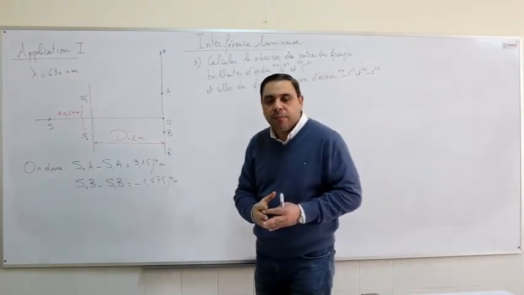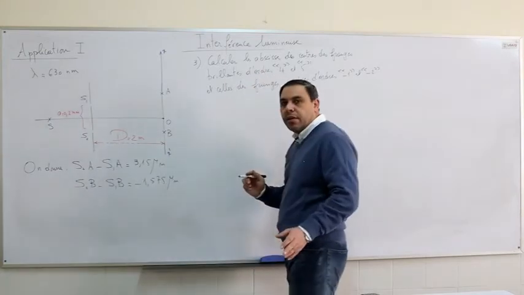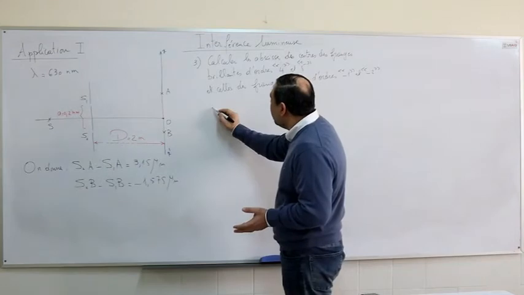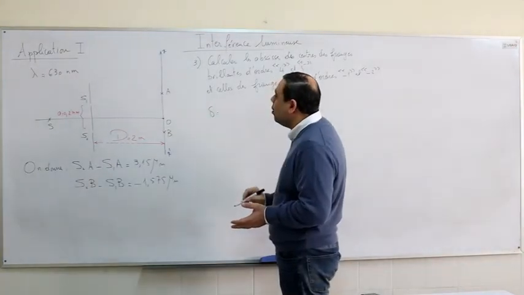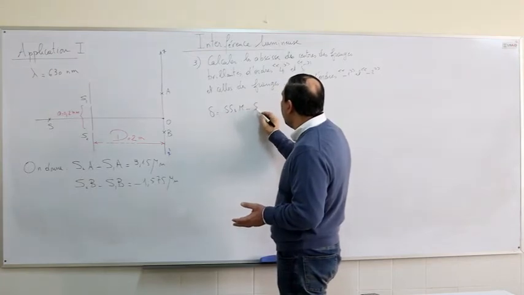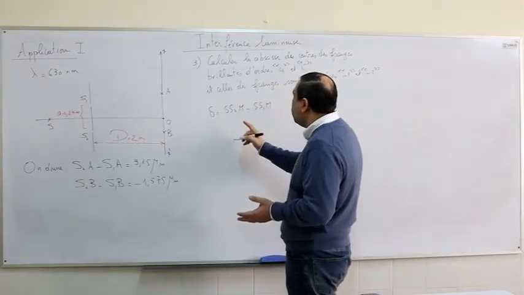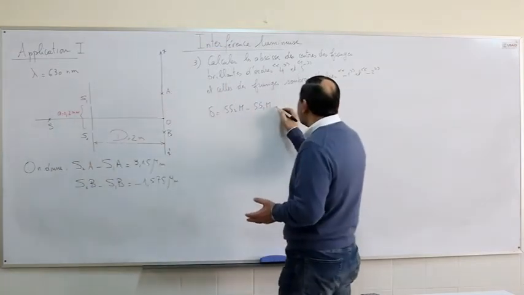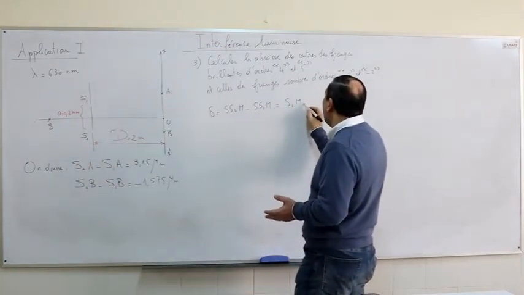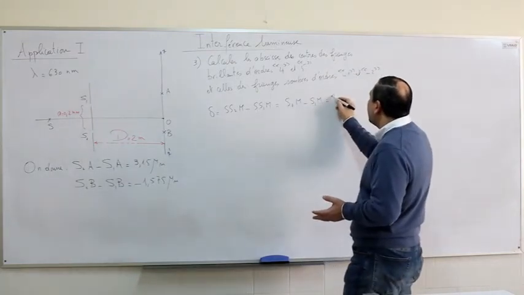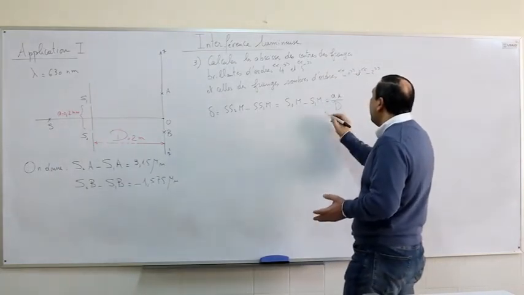We always use the optical path difference, delta, which is equal to SS2m minus SS1m. Now, since S is equidistant from S1 and S2, this becomes S2m minus S1m. We have previously shown that this is equal to AX over D.